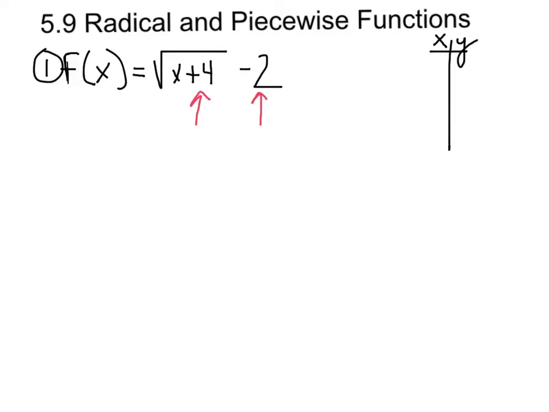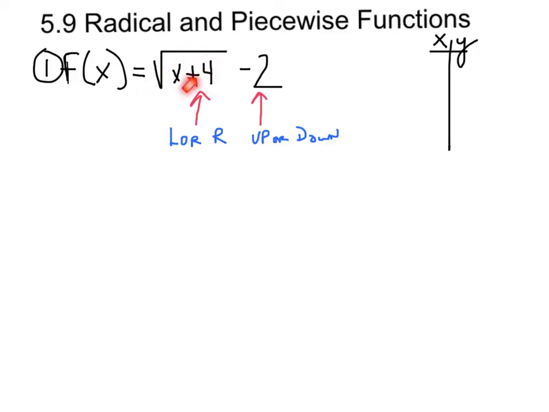So these, where I've marked the two arrows, are going to translate your parent function either left, right, up, or down. This one is going to be left or right. This is going to be up or down. Now, just like before, what's inside is going to be the opposite.